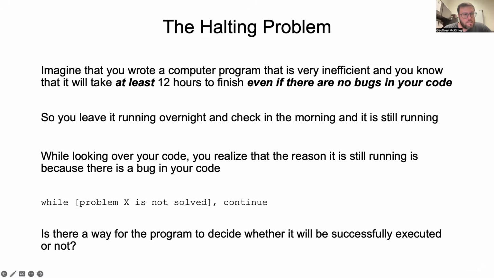So here is a sort of pseudo code, right? It's not really computer code, but the idea is that, while this problem is not solved, basically what I'm telling the computer here is, while the problem is not solved, keep searching for the solution, right?